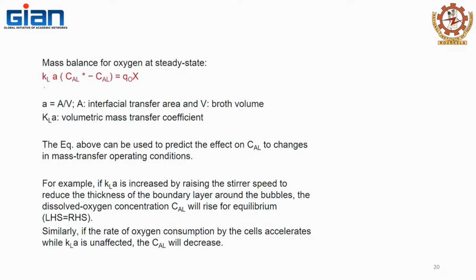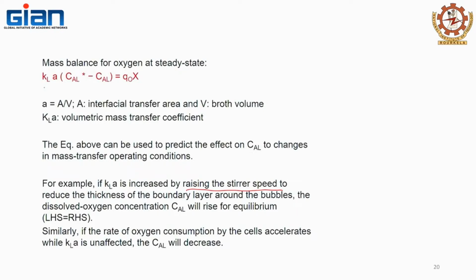This equation above can be used to predict the effect of Cal to changes in the mass transfer operating conditions. For example, if KLa is increased by raising the stirrer speed to reduce the thickness of the boundary layer around the bubbles, the dissolved oxygen concentration, that is Cal, will rise for equilibrium. If you can reduce the film resistance thickness, you will have more Cal, more oxygen in the liquid.